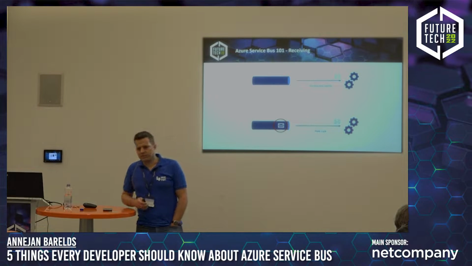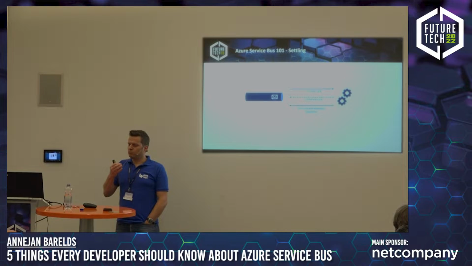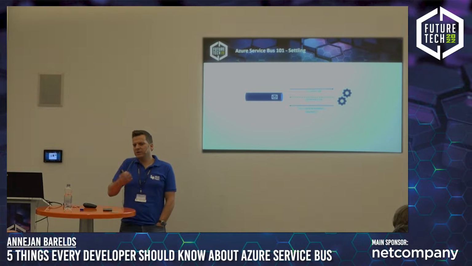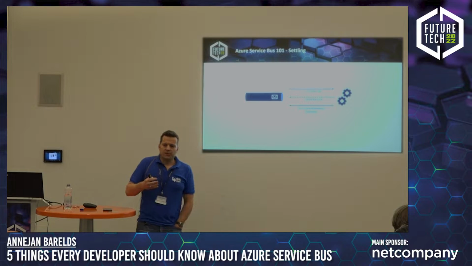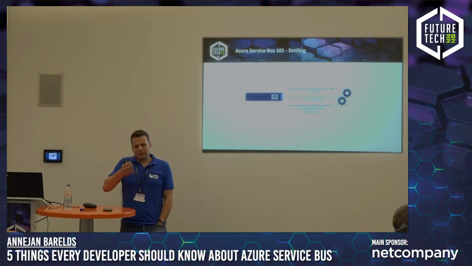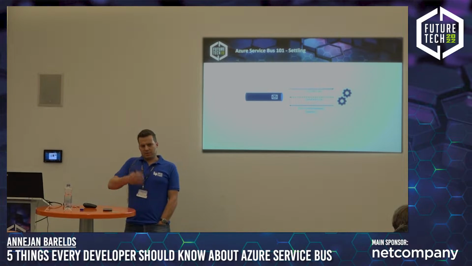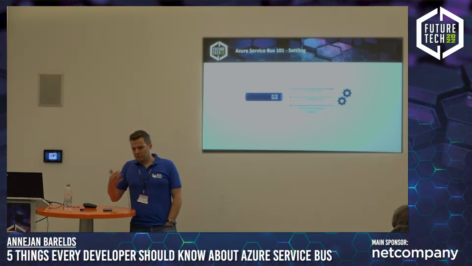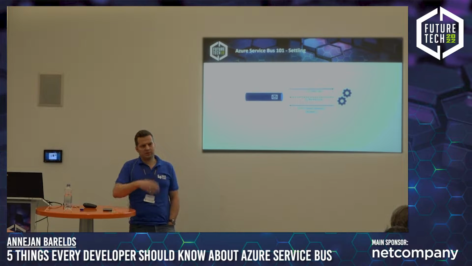Which is where peek lock comes in. Because peek lock enables you to basically peek the message as it's still sitting in the subscription, it's still sitting in the queue. But it's not actually deleting the message from that queue just yet. You have a lock on the message, but the message is still in the queue. You can renew that lock if you want to, and then ultimately, if you're done, you can settle the message.